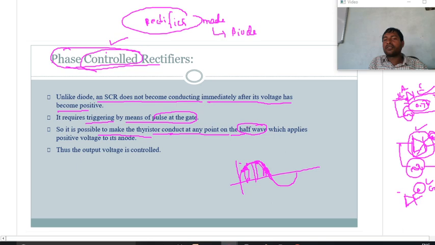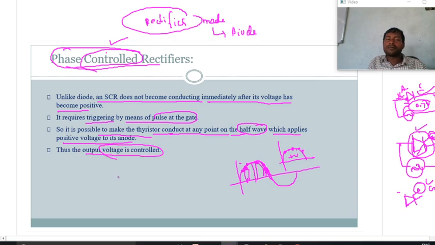If you take the wave, it will turn on at any point where positive voltage is applied at the anode. At any point in the positive cycle, it will turn on, and the output voltage will be controlled.